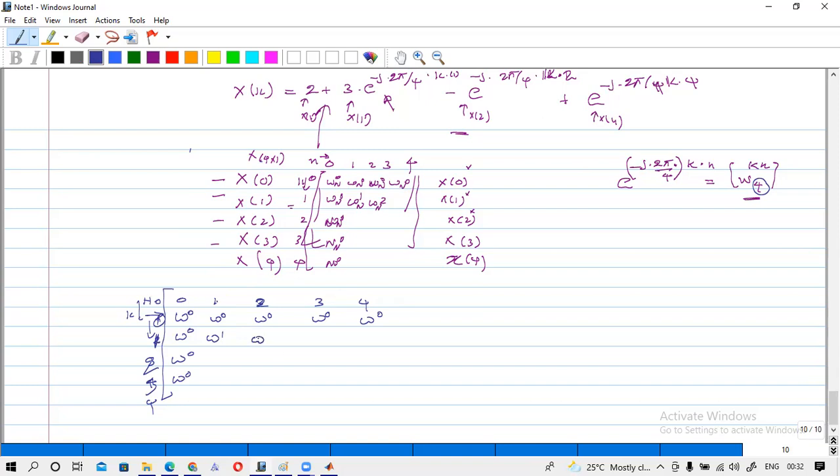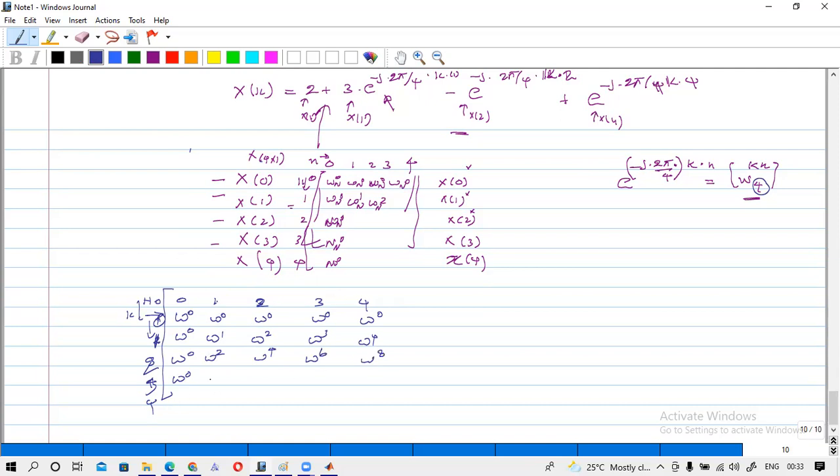This will be w2 because k1 n is 2. This will be w3, this will be w4, and this will be w n1 k2, so it is 2. So this will be 2 by 2, you will have 4. This will be 3 by 2, you will have 6. This will be 4 by 2, you will have 8.